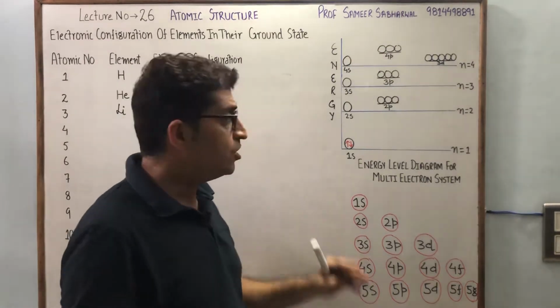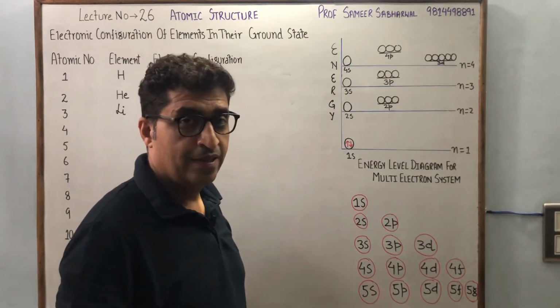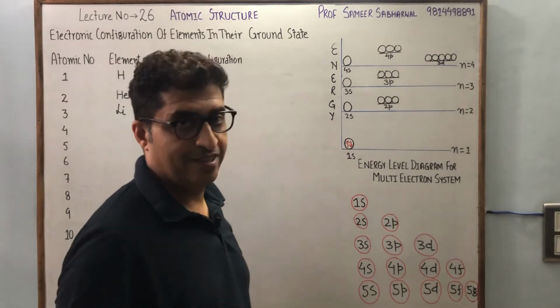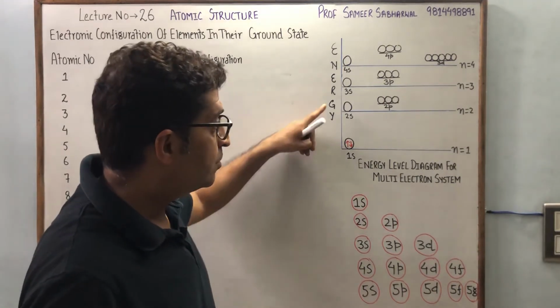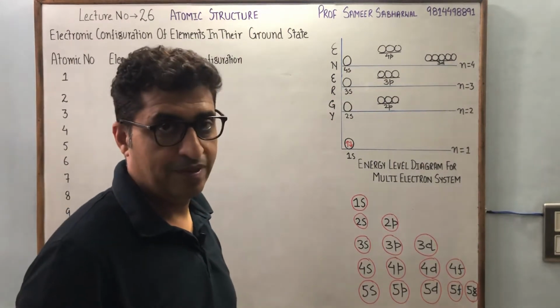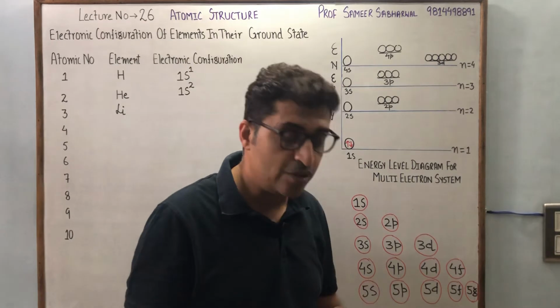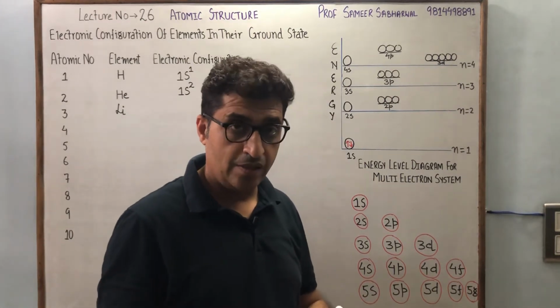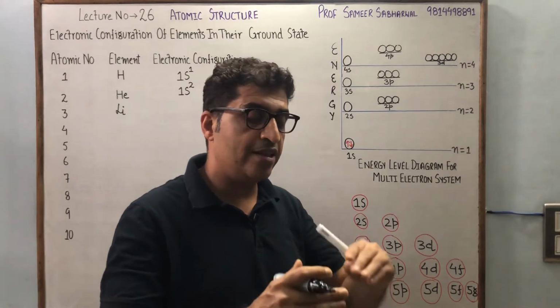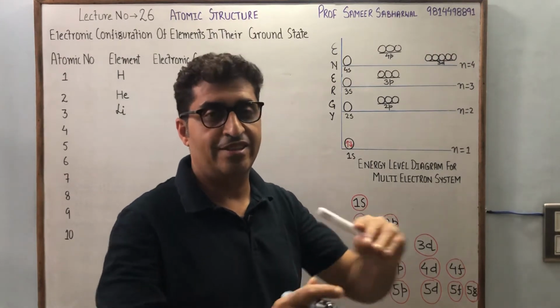Now out of these 2 subshells, which subshell is going to be filled first? That is a problem. So we apply Aufbau's principle, which says that in the ground state, subshells or atomic orbitals are filled in the order of their increasing energies.